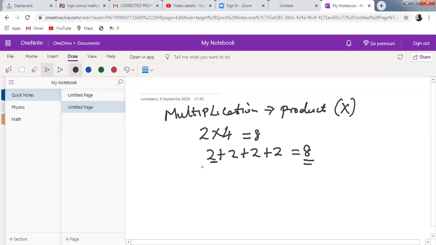Then number 4, we have the operation called division. Division is when a particular quantity is shared equally among a particular number. It is normally denoted by this sign divide.